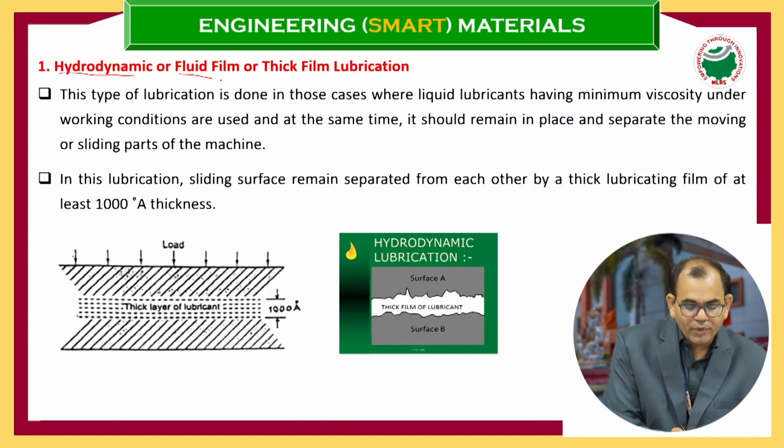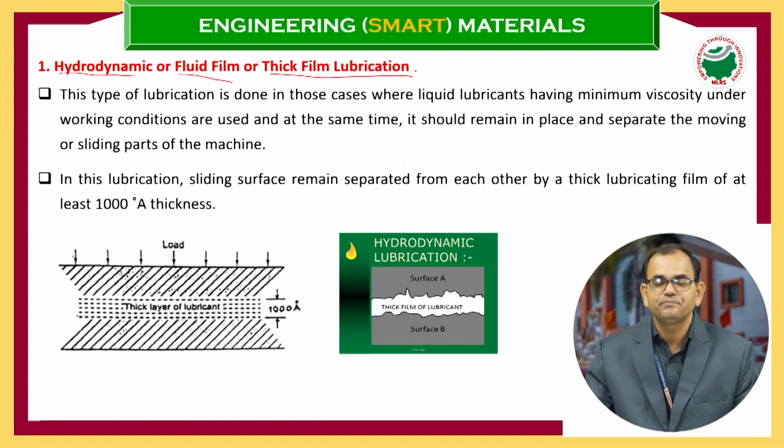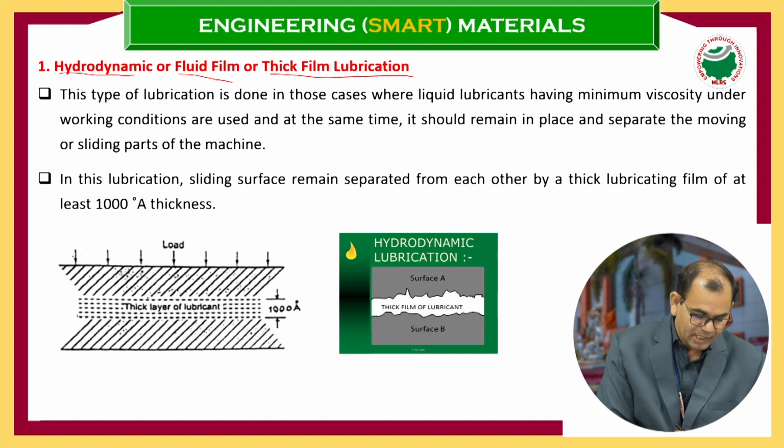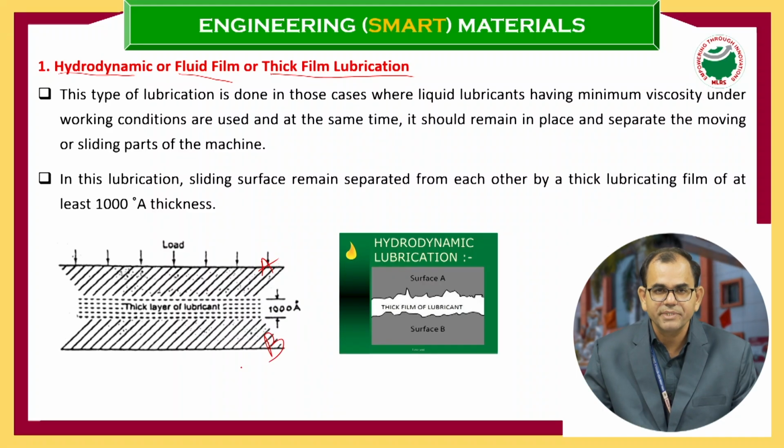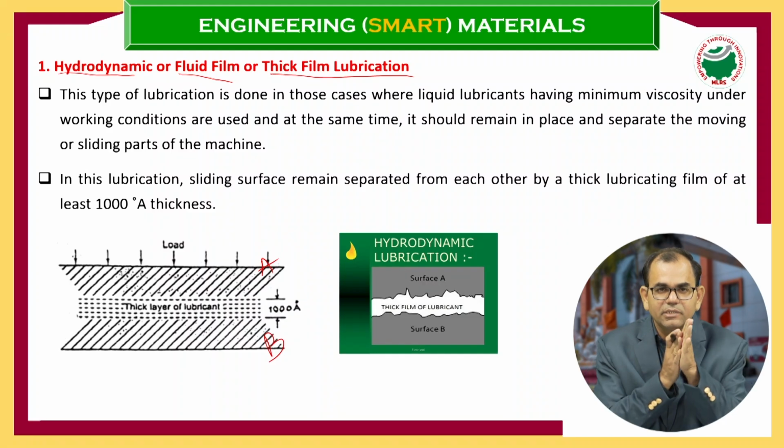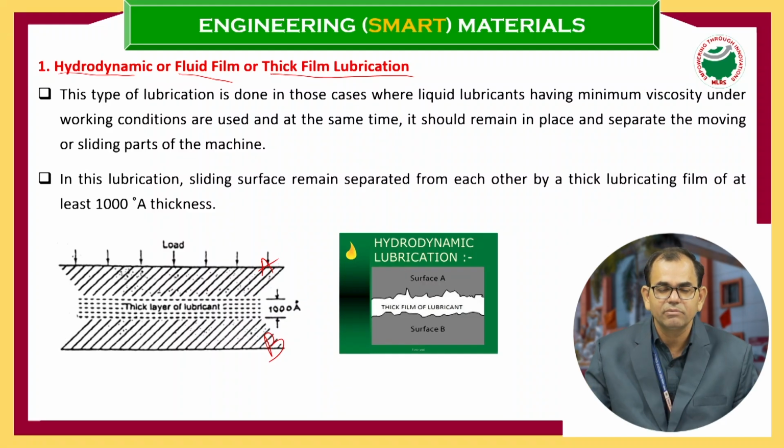Hydrodynamic or fluid film or thick film lubrication mechanism. Now you can see here there are two objects. The upper one is A, the bottom one is B. There are two objects, right, which are in contact and moving together.